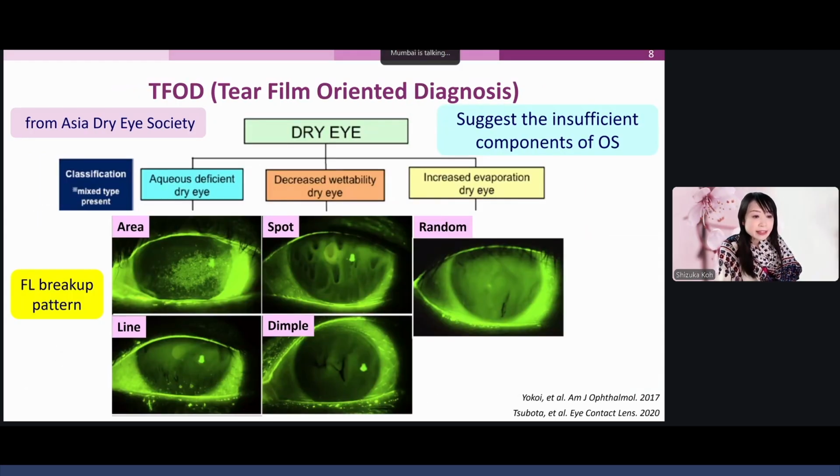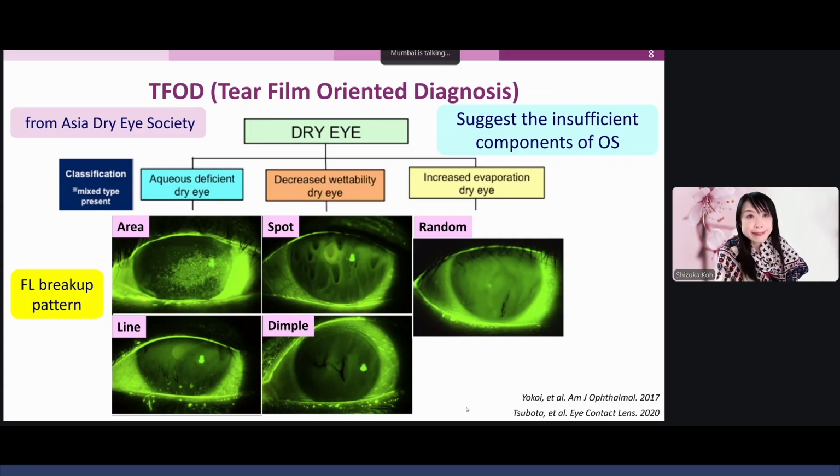T-fold is a diagnostic approach that helps us identify which component of the tear film or ocular surface may be insufficient. Based on the fluorescein breakup pattern, we can classify dry eye and better understand the underlying abnormality.